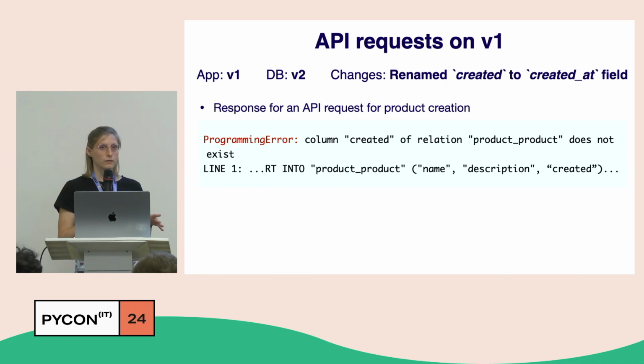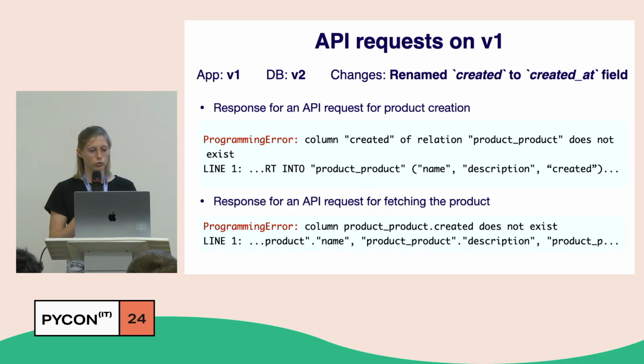However, version v1 is not aware that something has changed, and it's trying to save the value on the old created column. And we will get a similar error when trying to retrieve the product from the database. And this time, the API is trying to fetch the data from the created column, which does not exist anymore.